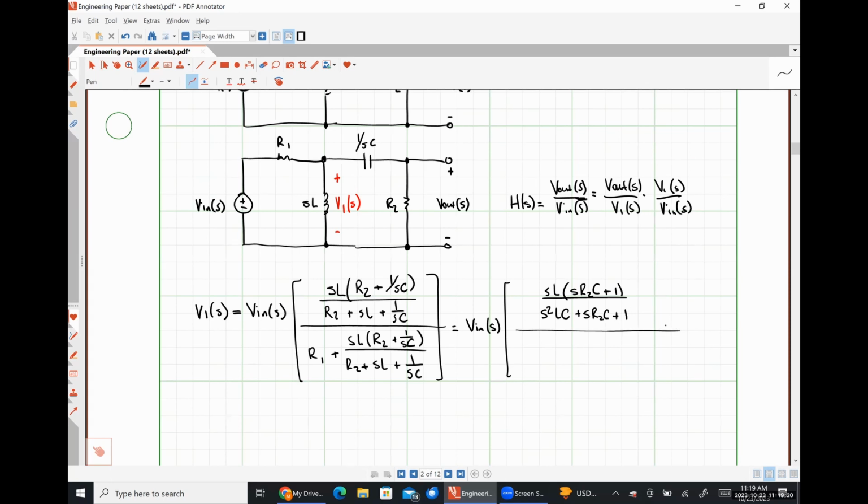Are we okay with that? My denominator is just going to look like R1 plus that same thing.